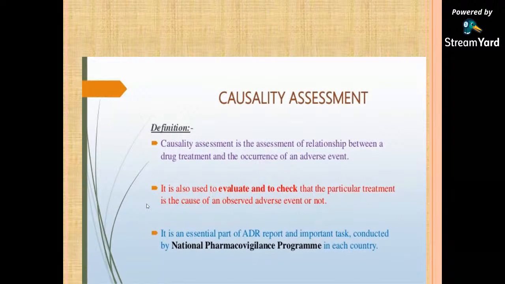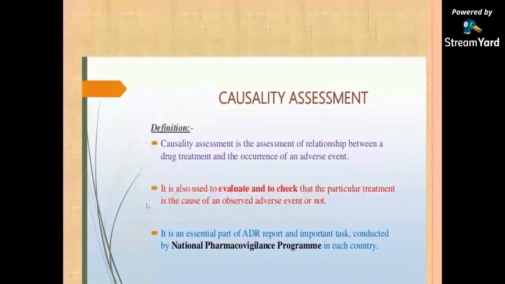Then in ADR, as I told, whenever a particular ADR is monitored in the PV unit, they will try to establish the causal relationship between the drug and the adverse drug reaction. So what is causality assessment?